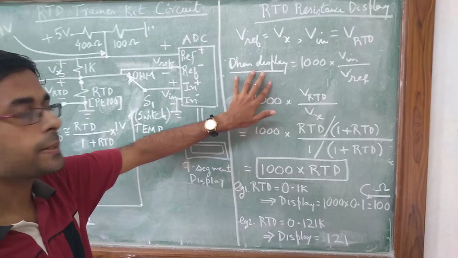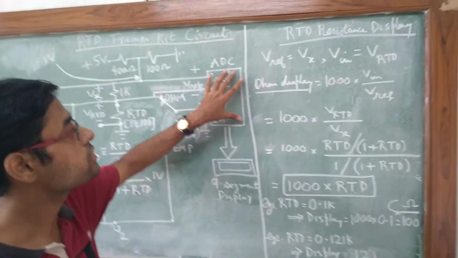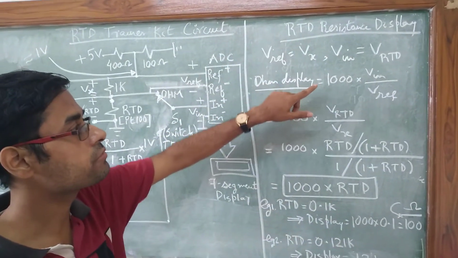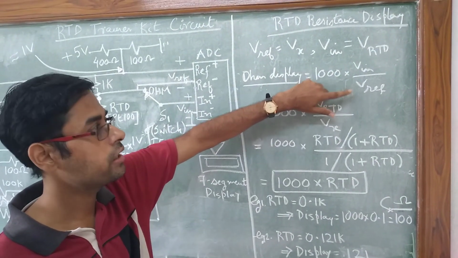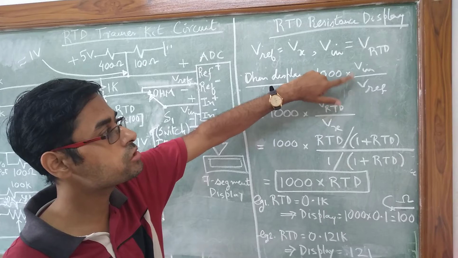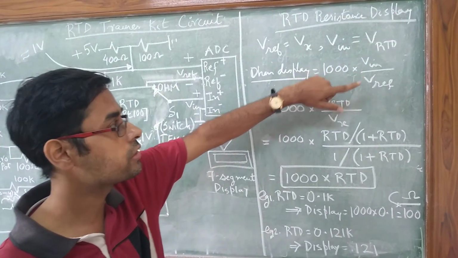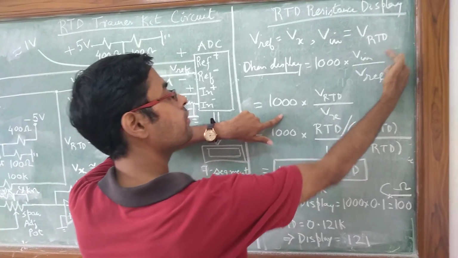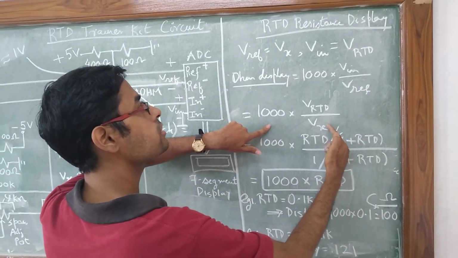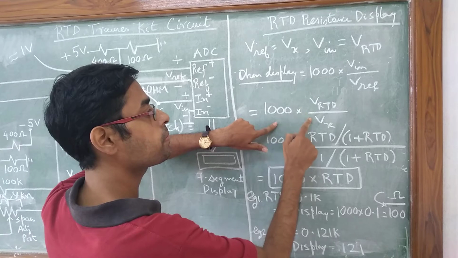So ohm display, based on this ICL 7107, we have seen this equation as 1000 multiplied by Vin by Vref. And this is ratiometric. This is a ratio of the input voltage to reference voltage. So input voltage is VRTD and reference voltage is Vx.